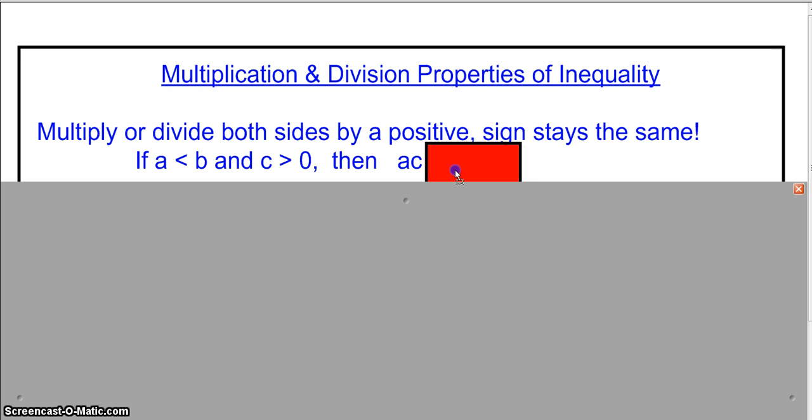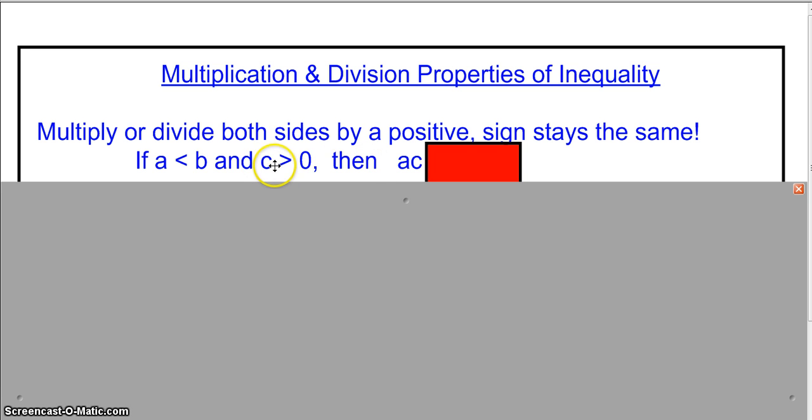then if we multiply the left side of this inequality by C, what else must we do? Wesley? He says we need to multiply the other side by C as well. Good.